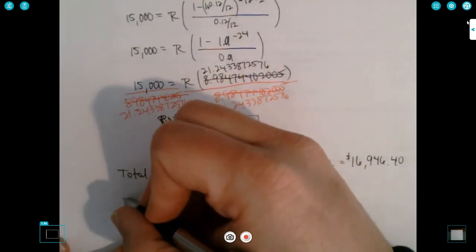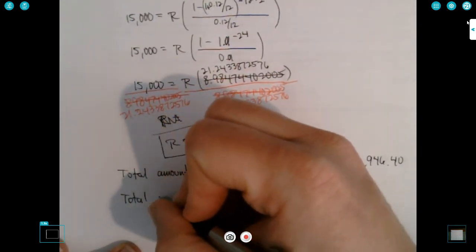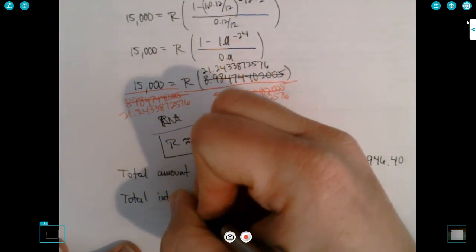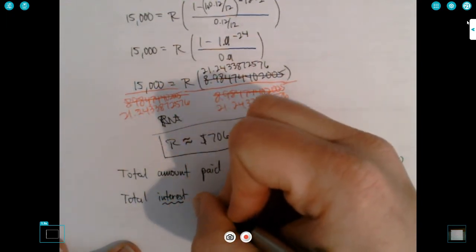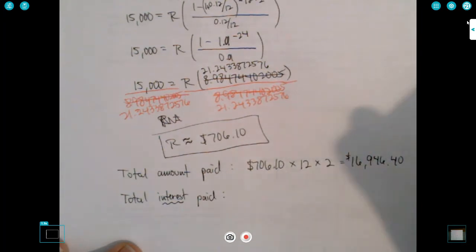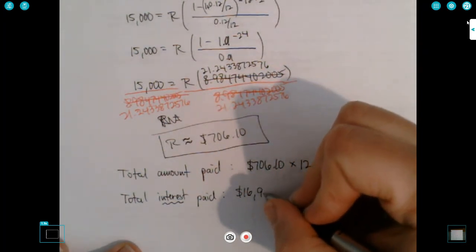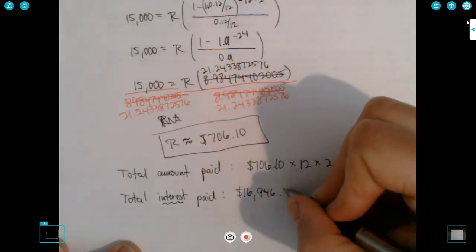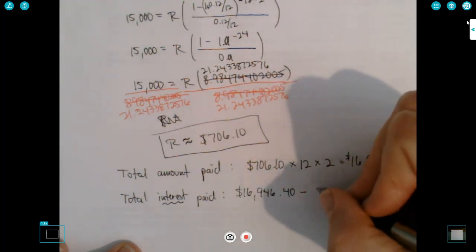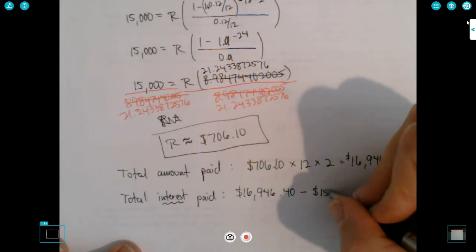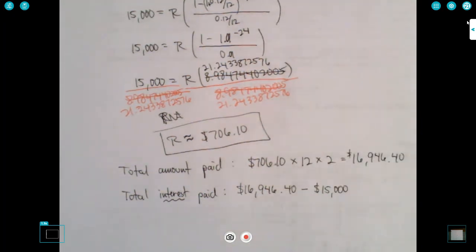So the total interest paid would be the total amount that she paid, $16,946.40, minus the amount that she borrowed, $15,000.